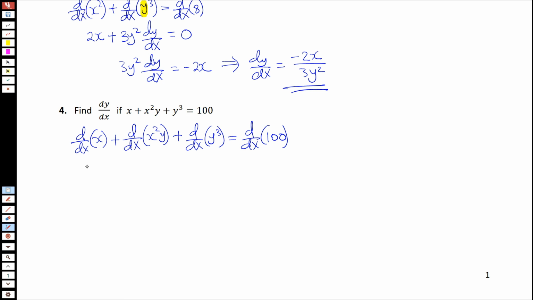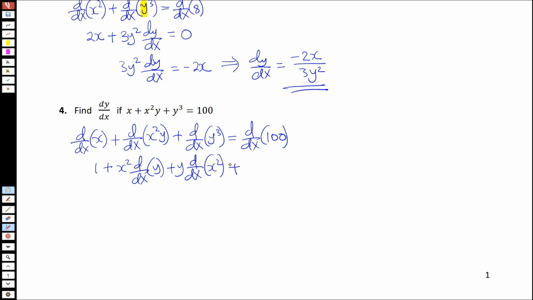Now, the derivative of x will just be 1. Derivative of this, we have to apply product rule here because this is a product of two functions. So basically, that will be equal to x squared multiplied by the derivative of y plus y multiplied by the derivative of x squared.